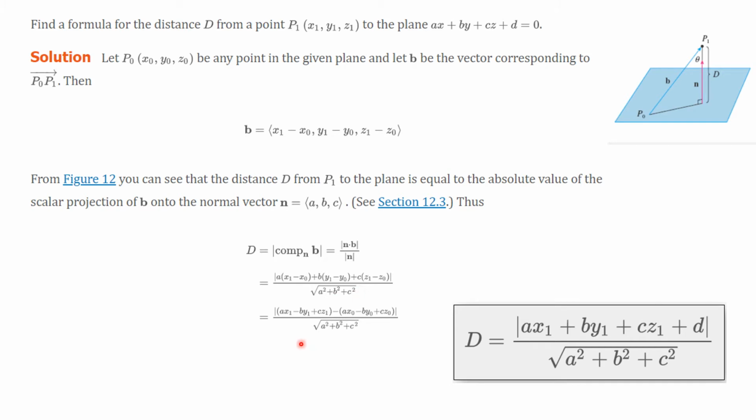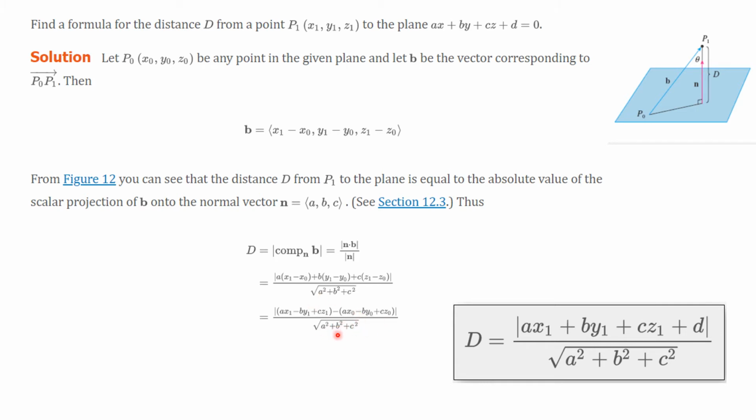And if we do, you see that we're subtracting off ax0 minus by0 plus cz0, and actually there's a mistake here. This should also be a plus, this one right here, this sign.